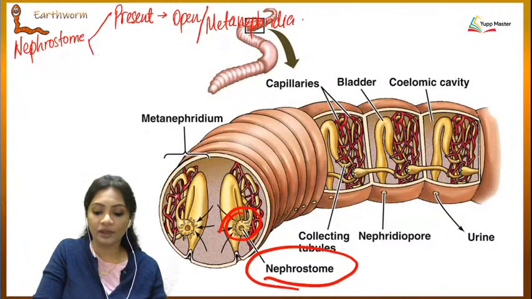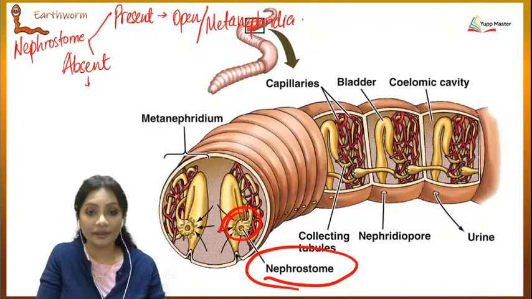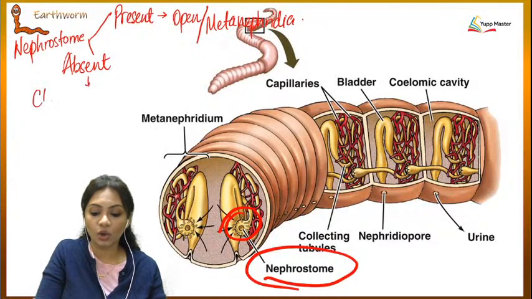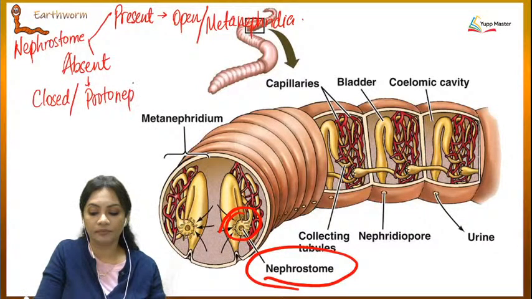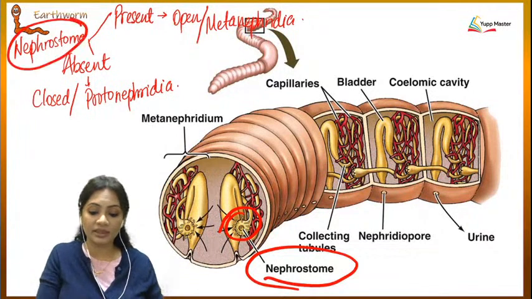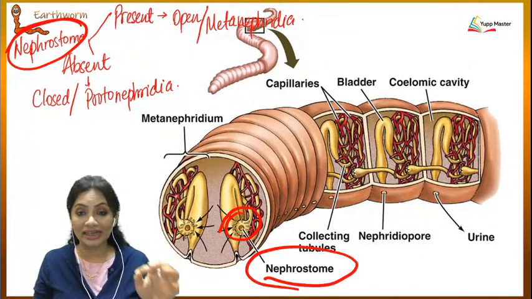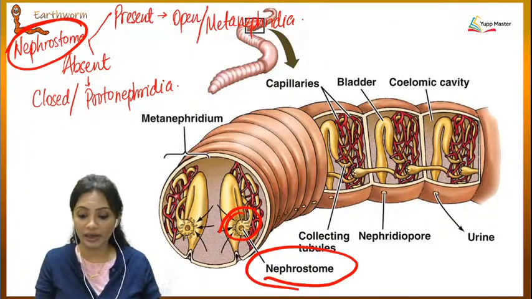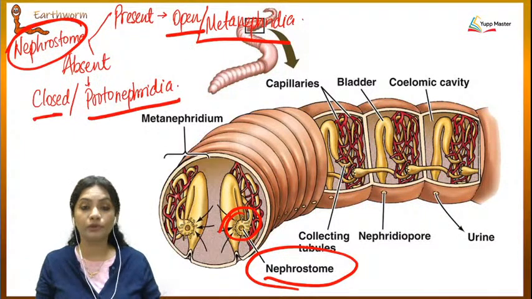But if the nephrostome is absent, then that nephridia is going to be called a closed, or you may call it a protonephridia. Alright, so based on the presence or absence of the nephrostome, that nephridia can be either called an open or metanephridia, or a closed or protonephridia.